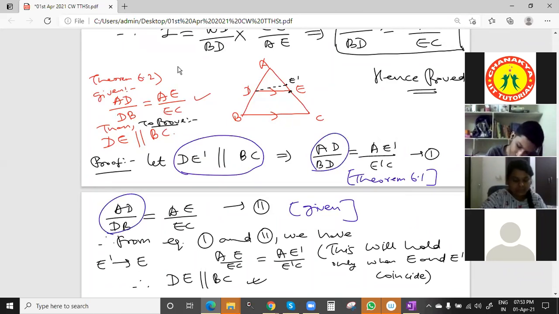So AE dash by E dash C will be equal to AE by EC. That will only be possible when E dash and E are the same. So in place of D dash E dash we write DE parallel to BC, because E dash will coincide with E.